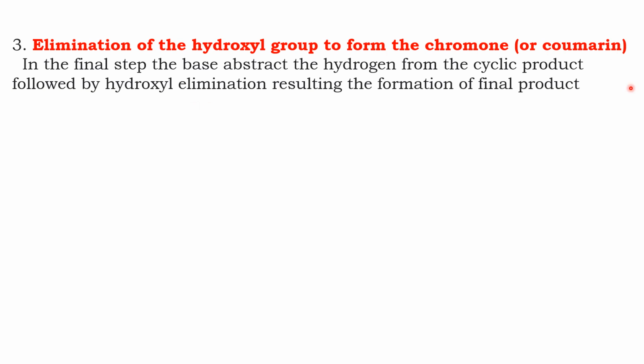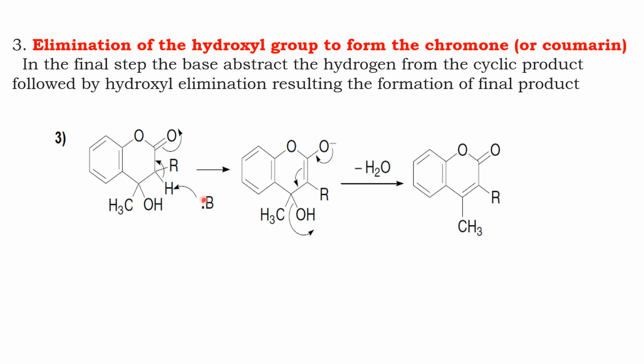See here, this is the base which abstracts the H plus ion. See here, H, so that this bond is shifting here, O minus is coming here. So this happened reversibly. See, the negative charge is shifting towards the oxygen. As a result, the double bond is shifting here and OH is eliminated out.